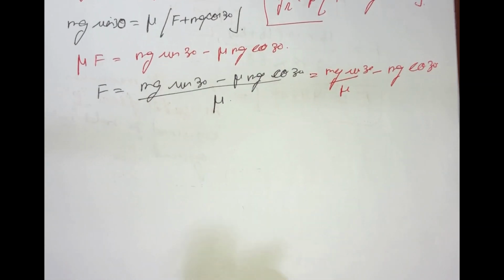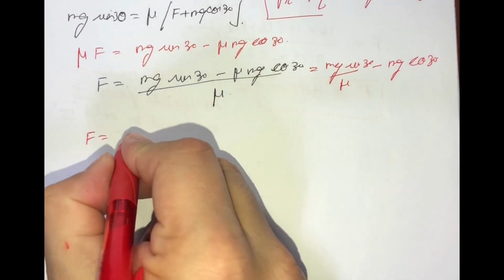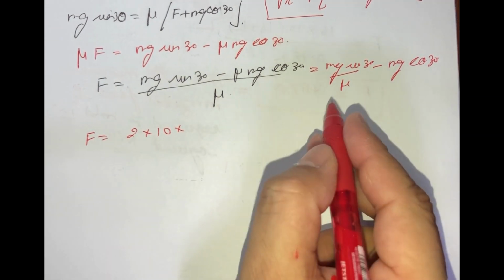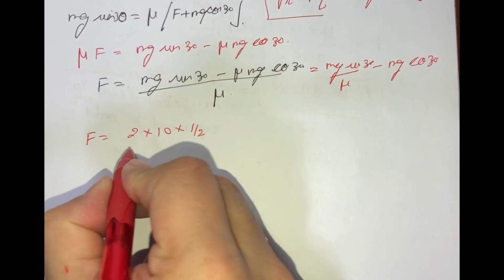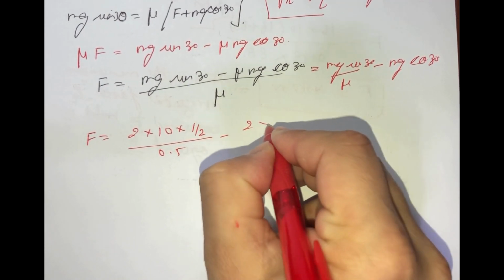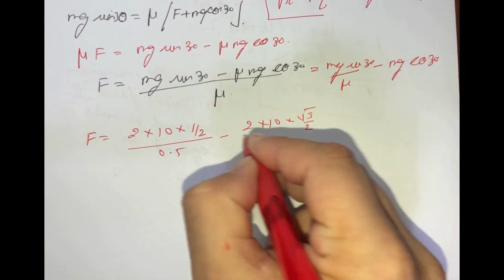So if you substitute the value, you get F as 2 into 10 into sin of 30, which is 1 by 2, divided by 0.5, minus 2 into 10, and cos of 30 is root 3 by 2.